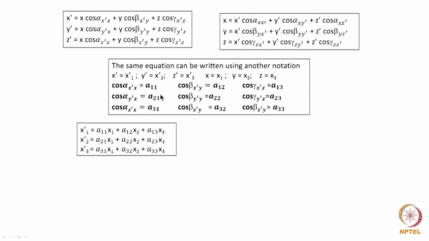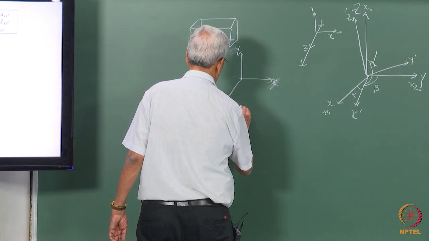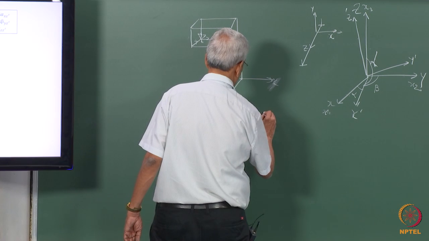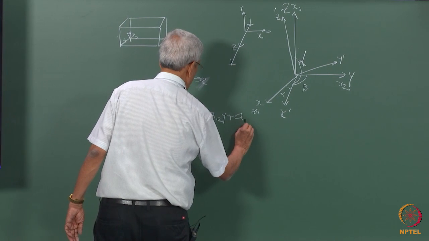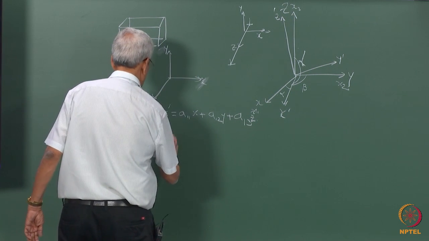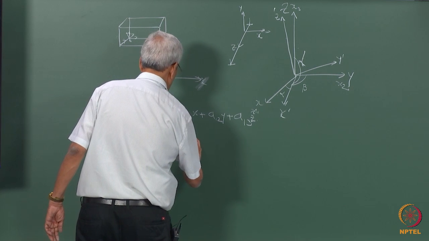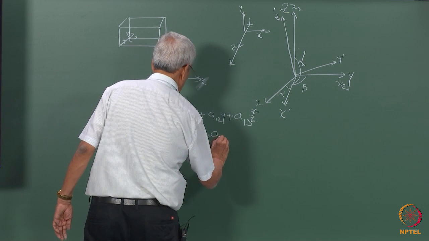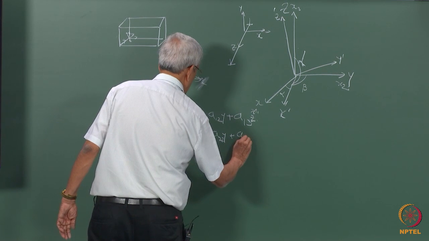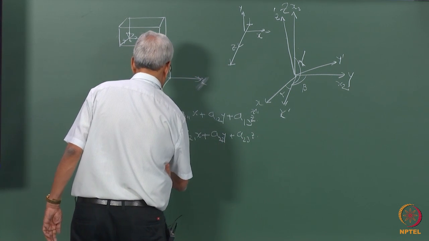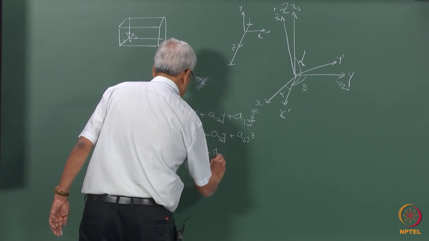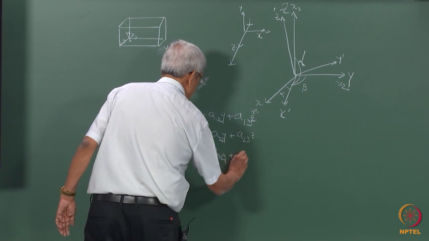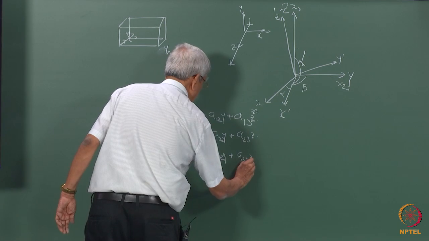If we do this, then these equations turn out to be: x dash will be equal to A11 x plus A12 y plus A13 z. y dash will be equal to A21 into x, A22 into y, A23 into z. z dash will be equal to A31 into x plus A32 into y plus A33 into z, correct?